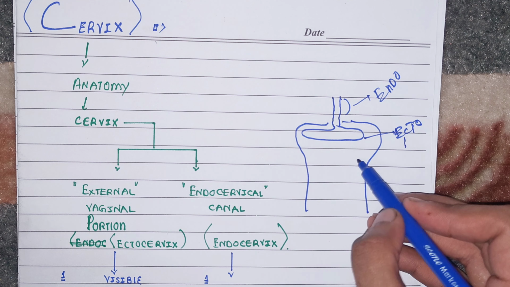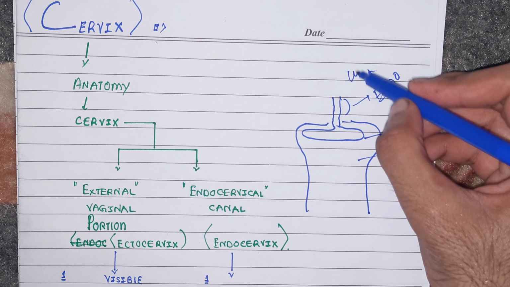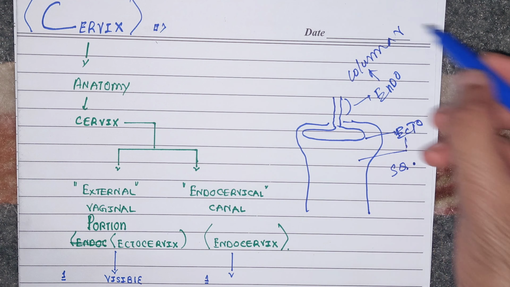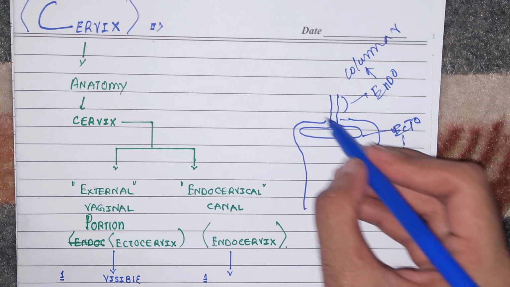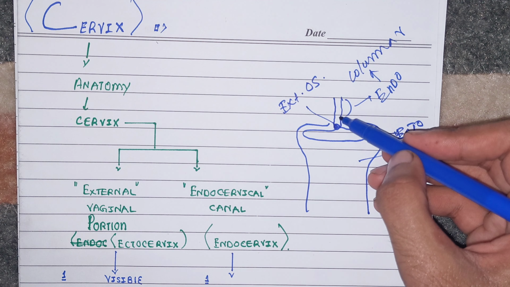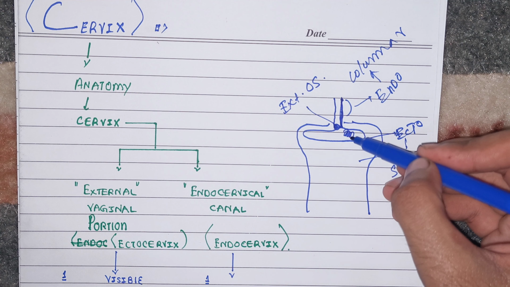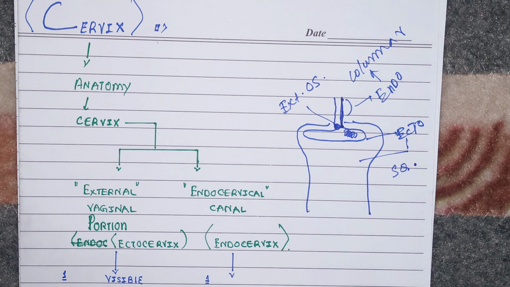This ectocervix and this vagina is lined by squamous epithelium. This endocervix is lined by columnar epithelium. This opening is called external os. So the junction of this columnar epithelium and this squamous epithelium is called squamo-columnar junction.